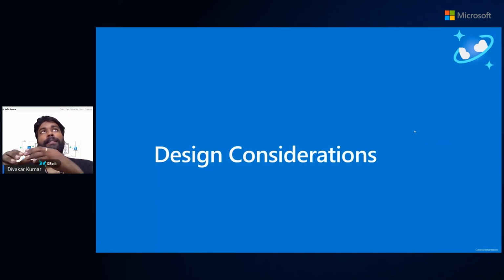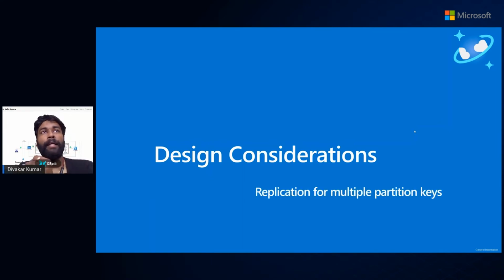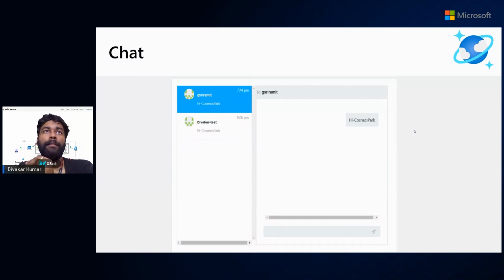So now let's consider some of the design considerations that I took when I was building the Cosmic Chat application. One of the main things I considered is replicating for multiple partition keys. What I mean by that is, consider this is going to be one portion of our application, the chat application.